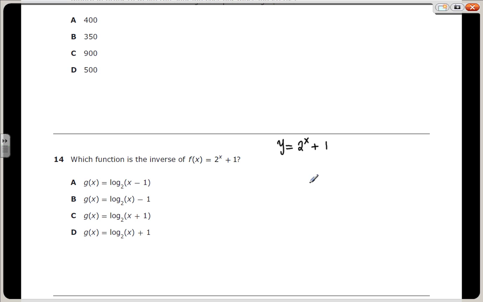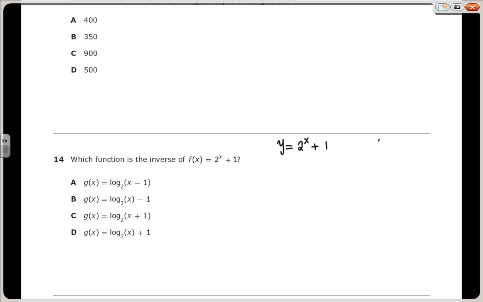So when you're looking for inverse, it's just like the problem we did earlier, question number 2, remember we had to switch the x and the y. So that's exactly what we're going to do here. We're going to switch the x and the y's, and then when I solve for the new y, that will be my result.